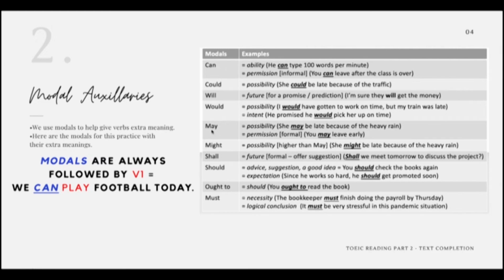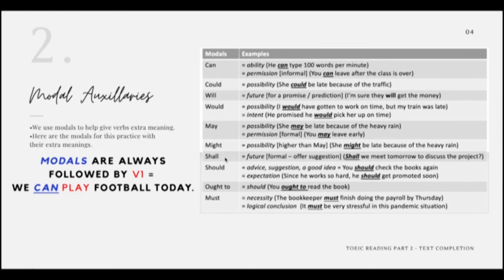The next part would be may. It shows possibility, just like would and could, and it also shows permission. For instance, you may leave the class early. This is also similar to can. Might is similar to may and would and could.